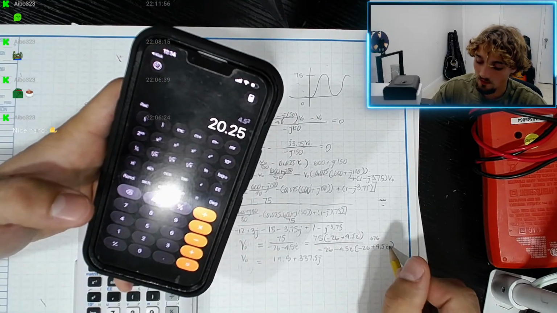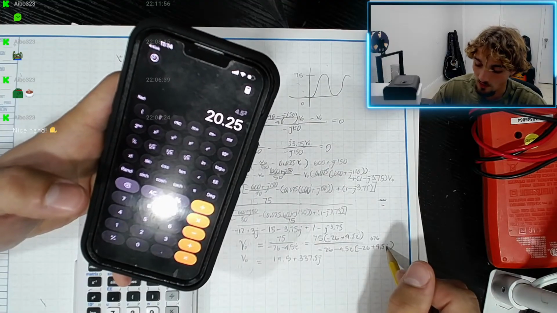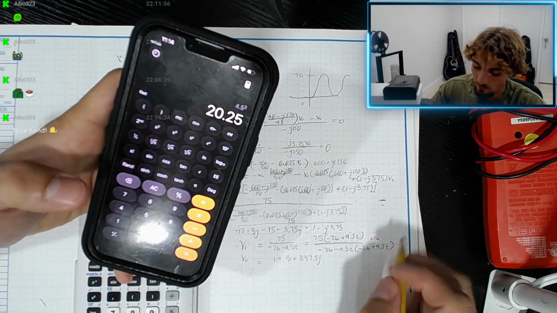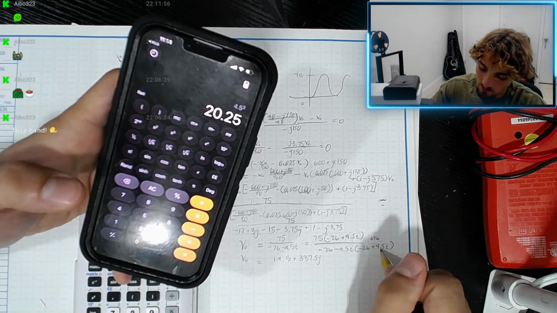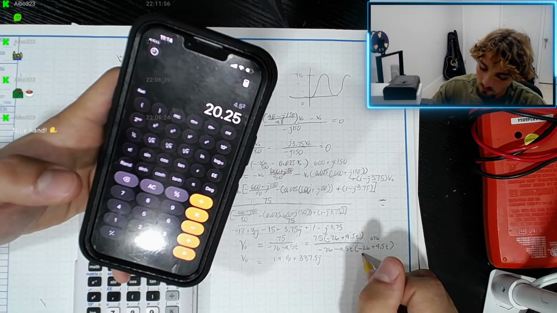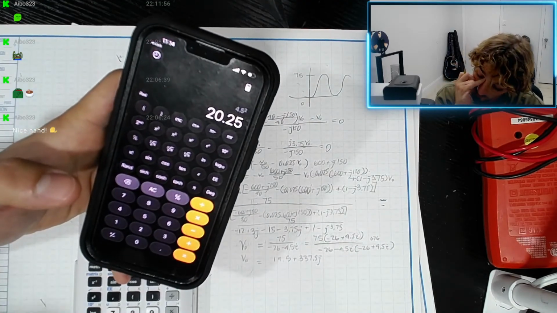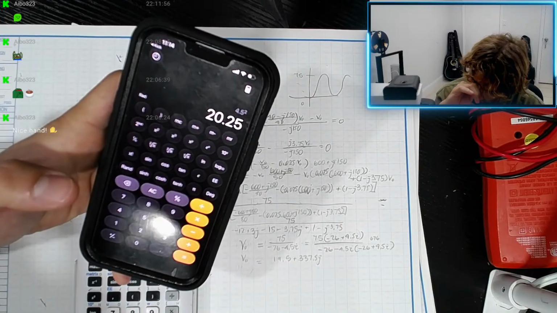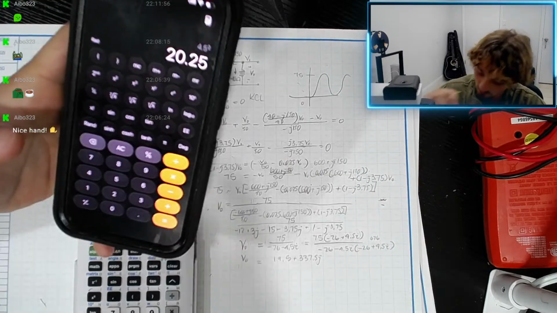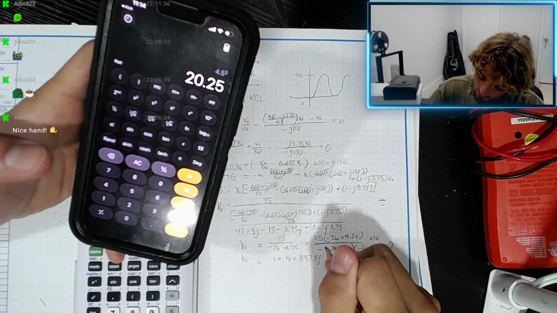And then the J squared becomes negative 1, which makes it positive. And we have a 4.5 there. Yeah, this is meant to be like that.